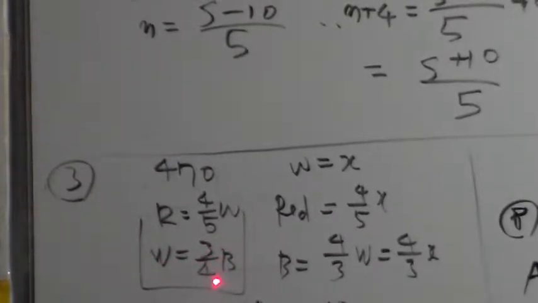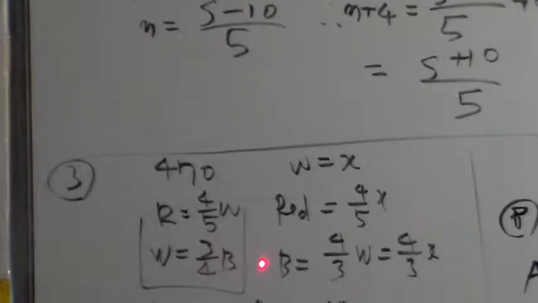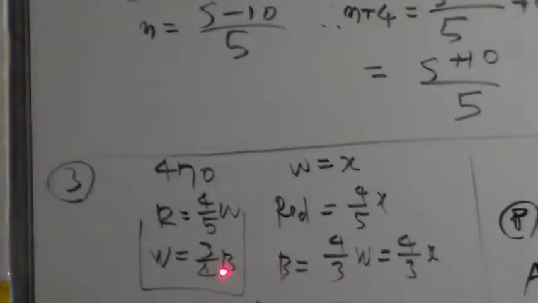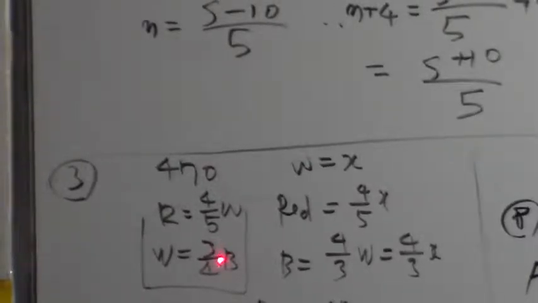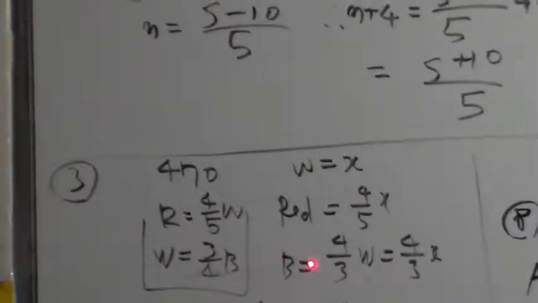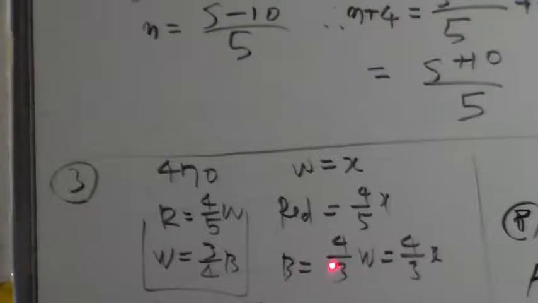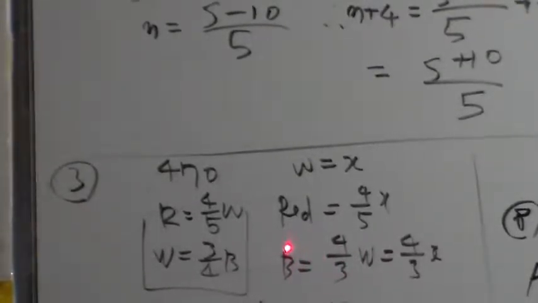Okay, and we're looking for the blue. White is 3/4 blue. So we have to multiply by 4/3 on each side. Then blue is 4/3 white.